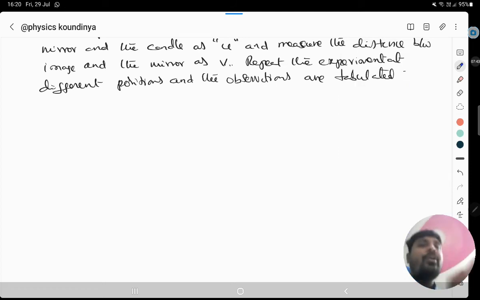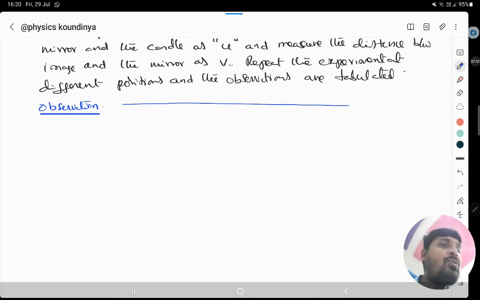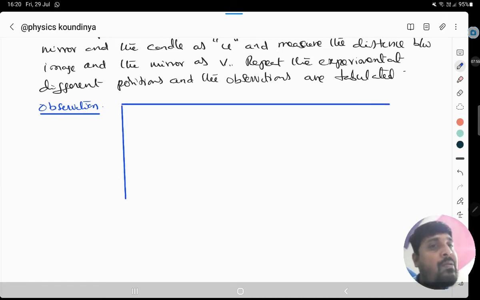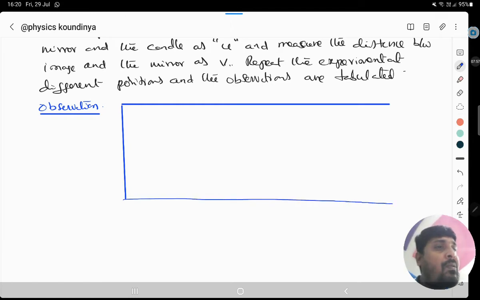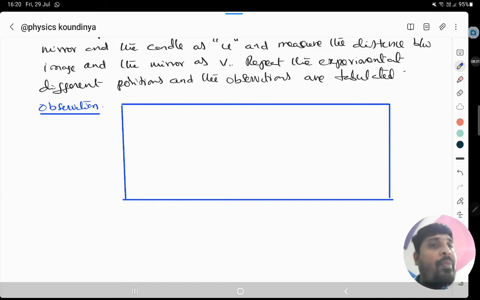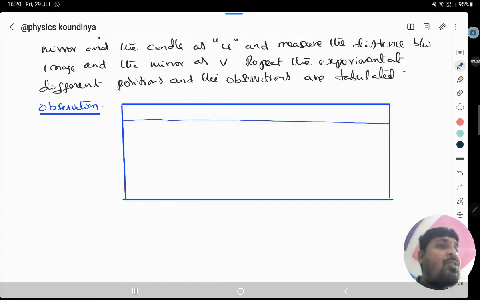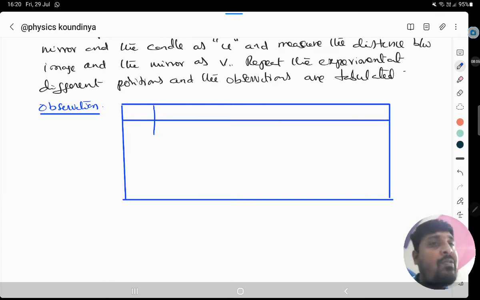Now we are going to write observation. In observation we are going to draw the table. So what are the values that we are going to write in the table? This is for serial number.